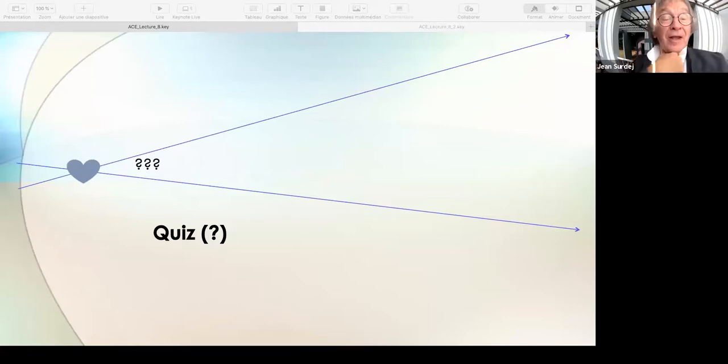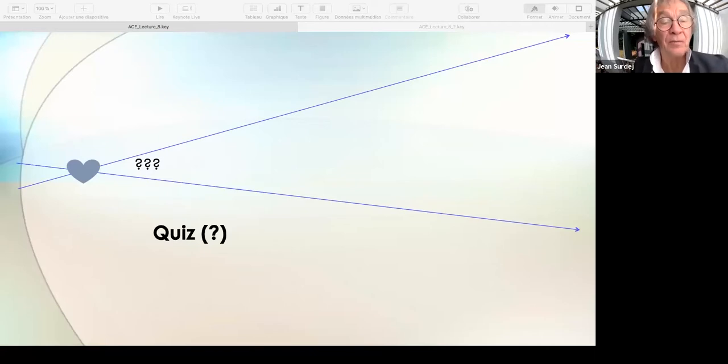And just for fun, I'm asking you, you have 30 seconds to send your response in the dialog box. And then we will see what the answers are. But later on, I'll give you the trick to always get the good answer. And of course, we'll refer to the convolution theorem to get the right answer.